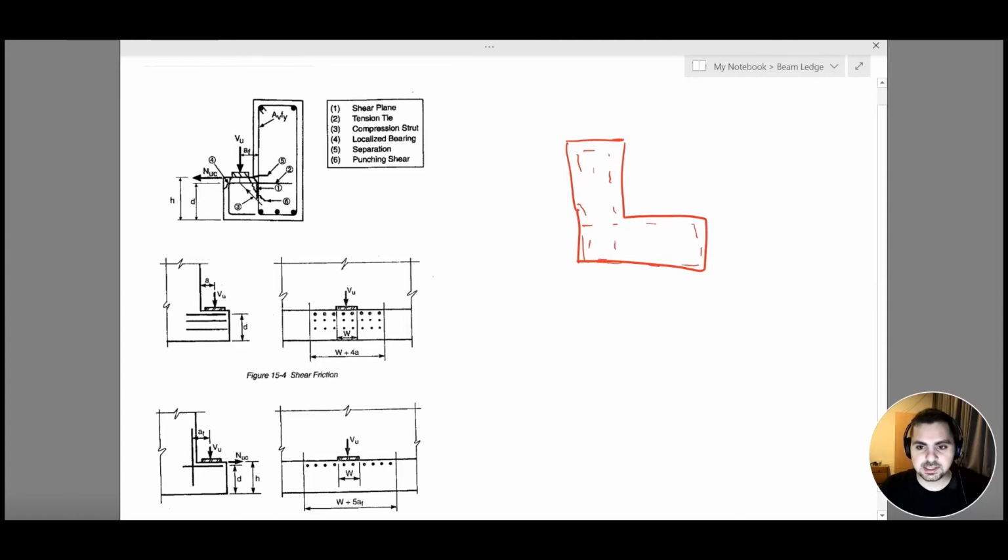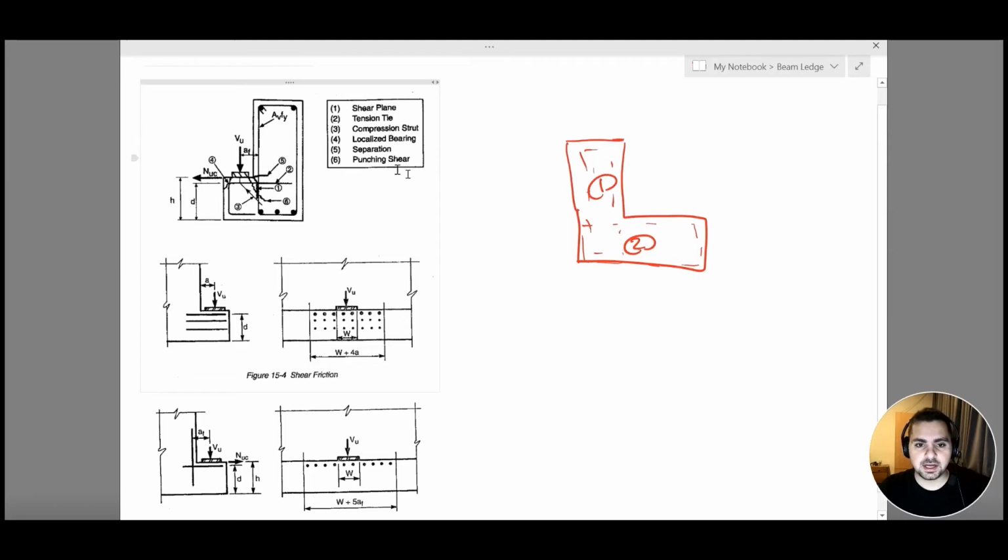So I'm going to basically have two parts, this part here and this part here. I have part 1 and part 2, which is being separated. We do not want that to happen, so we add a reinforcement to prevent that from happening.